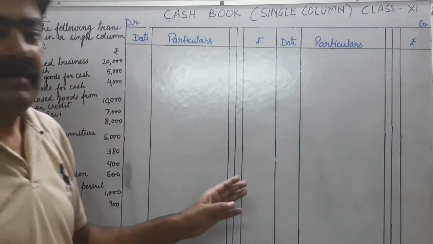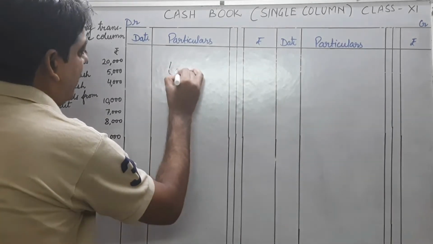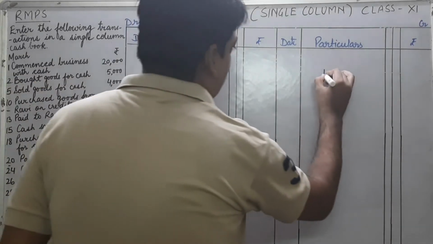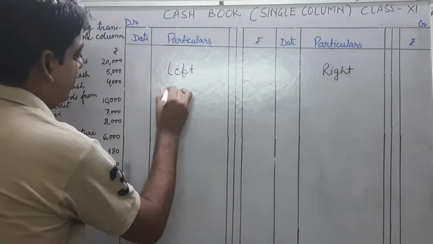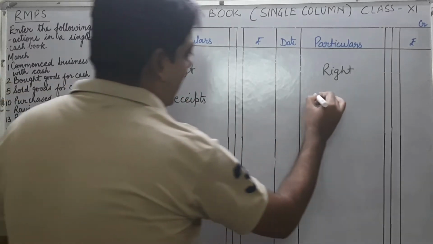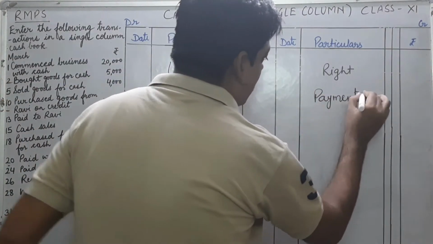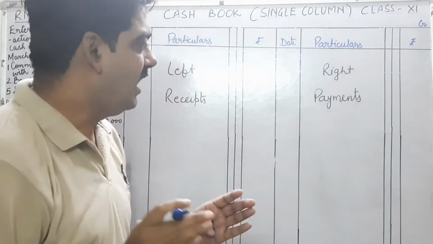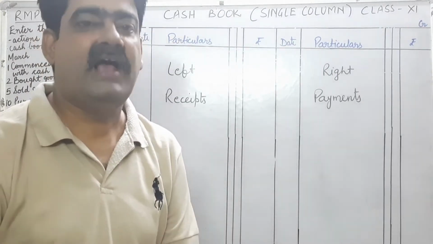So always remember one thing, cash book is having two sides, left hand side and right hand side. In left hand side we will write all the receipts and in right hand side we will write all the payments. And one more thing you have to keep in your mind, that in cash book we will write only cash transactions.